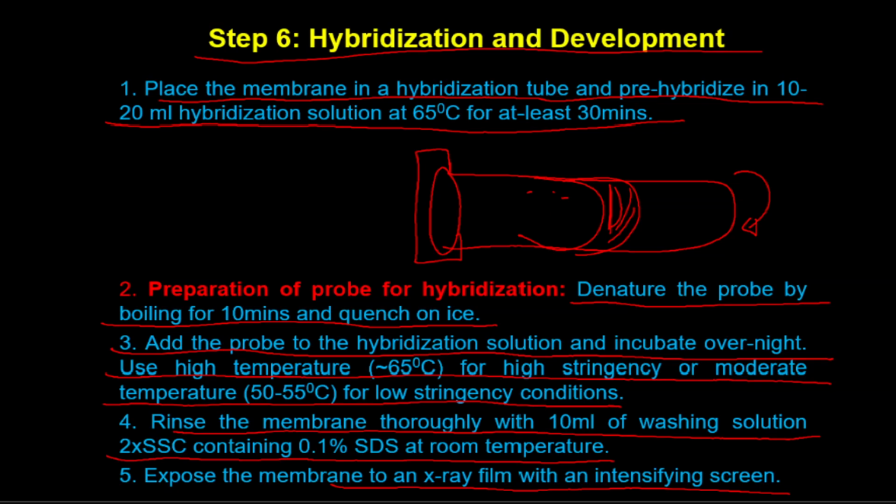And then the probe will be prepared, and that probe will be supplied to that hybridization tube, through which hybridization of the probe will occur with the bands already present on the Southern membrane, on the NC membrane, and then that will be visualized and we'll develop it. An autoradiogram will form, and we can see different fragments of DNA, and we can tell whether the gene of interest is present there or not, how many copies of the gene of interest there are, and many more things.